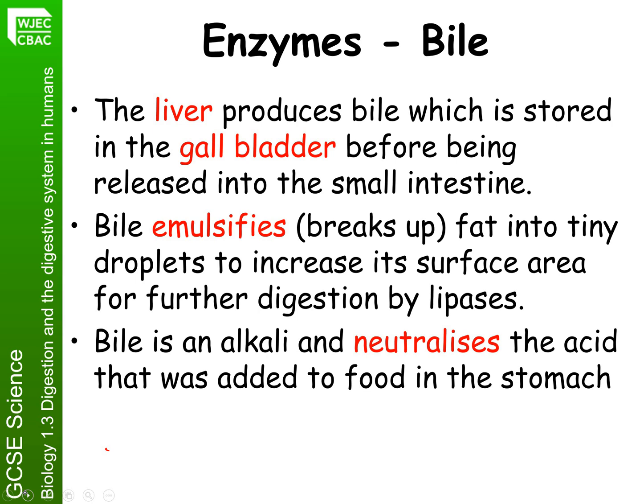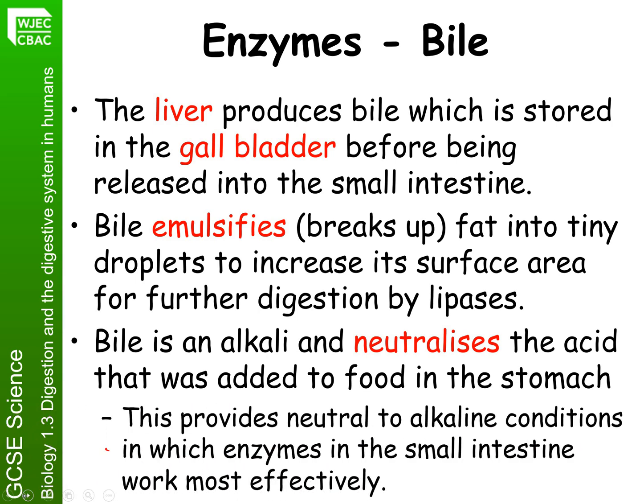The bile will neutralize that acid because the enzymes that are working within the small intestine would denature in acidic conditions. They need alkaline or slightly alkaline conditions, which is provided then by the bile. So this provides neutral to slightly alkaline conditions in which the enzymes in the small intestine will work most effectively.